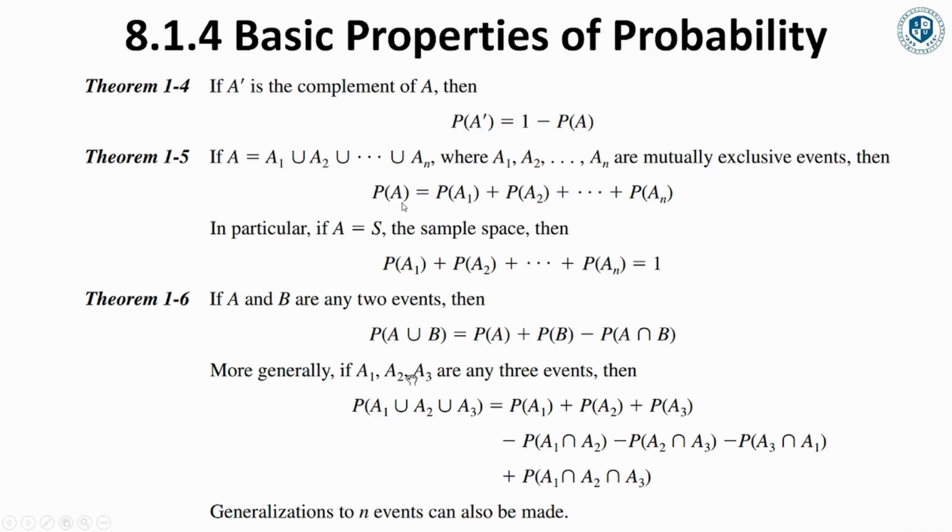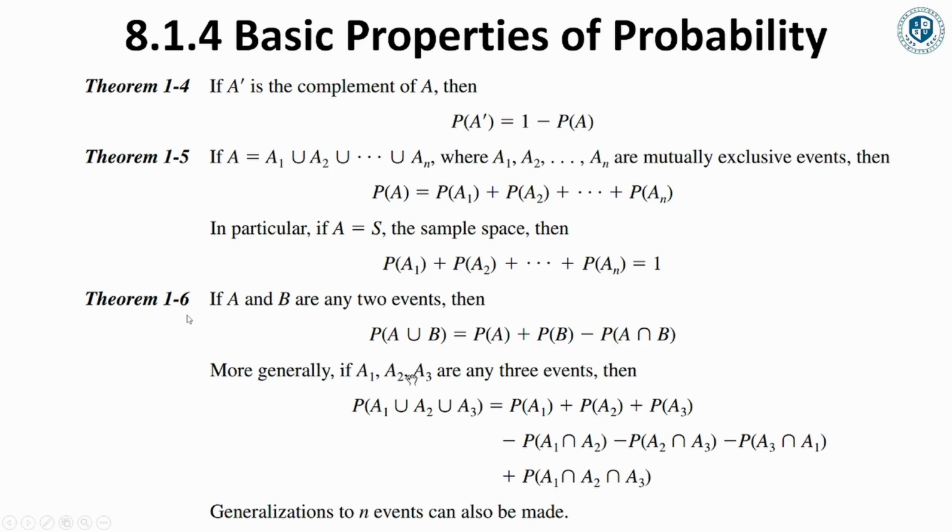Probability of A equals probability of A1 plus probability of A2 plus others plus probability of AN. In particular, if event A equals sample space S, then probability of A1 plus probability of A2 plus others plus probability of AN equals 1.